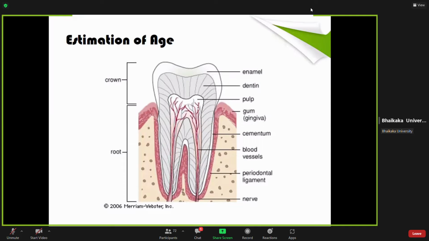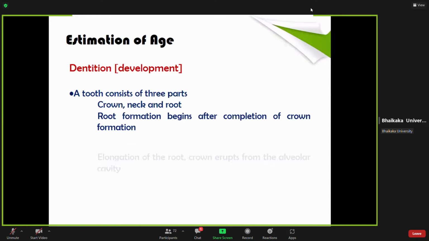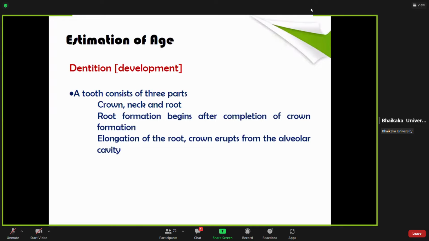The crown is covered with the enamel and the root is covered with the cementum. The root formation begins after the completion of crown formation. And on the elongation of the root, the tooth erupts from the alveolar cavity.